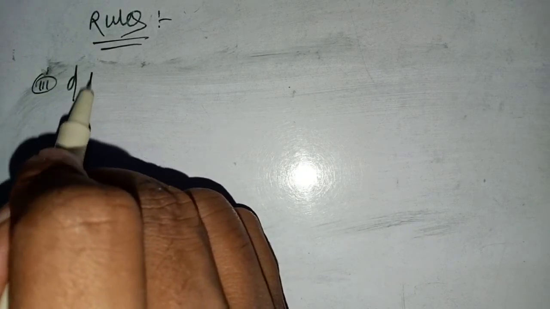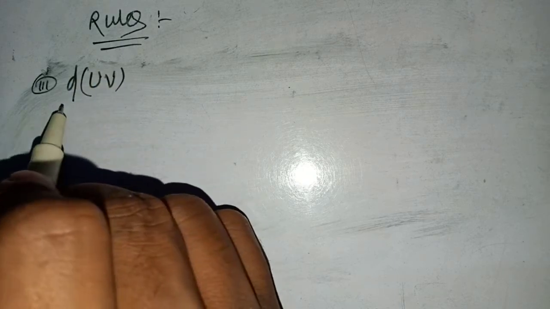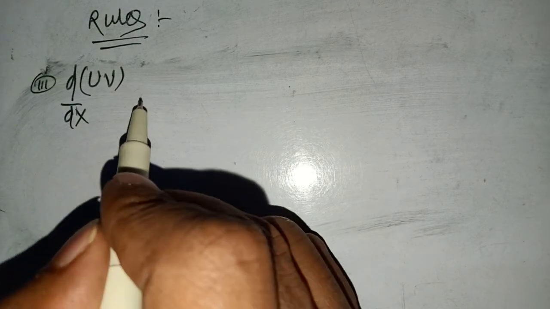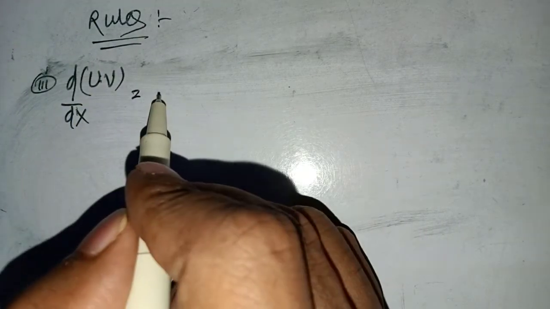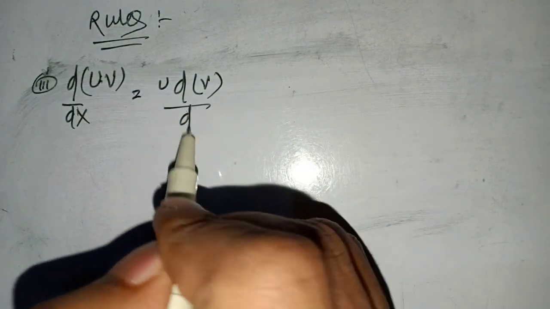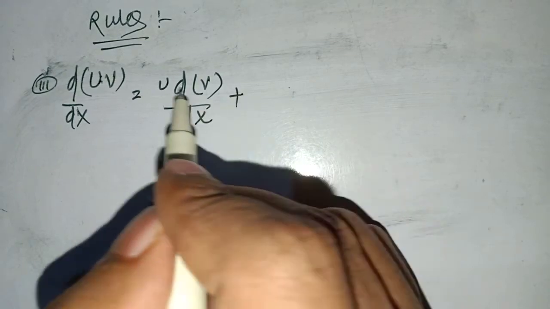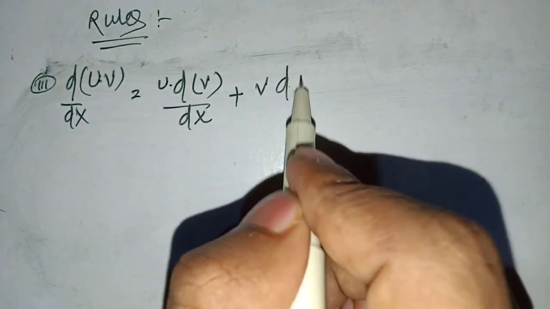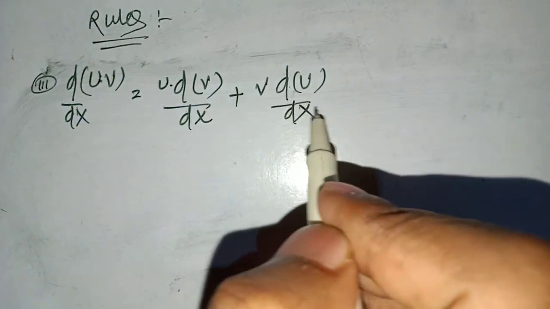Differentiation of uv, where u and v are functions. So first what we will do, bring u outside and then differentiate v with respect to x, and now bring v outside, then differentiation of u by dx.